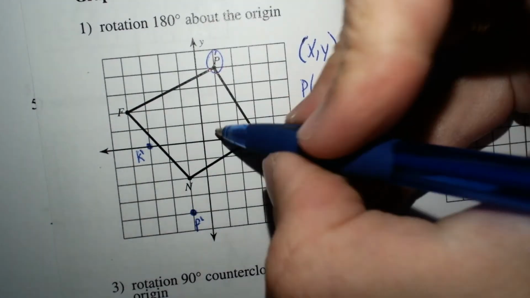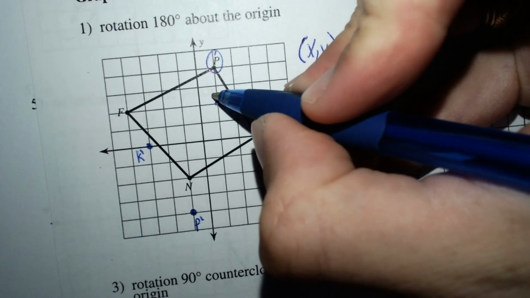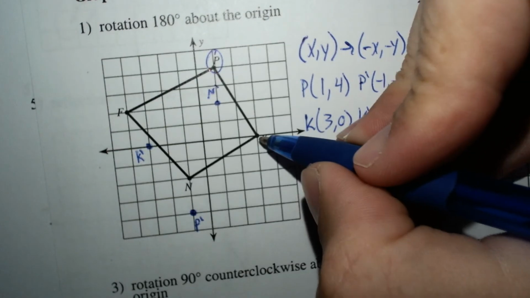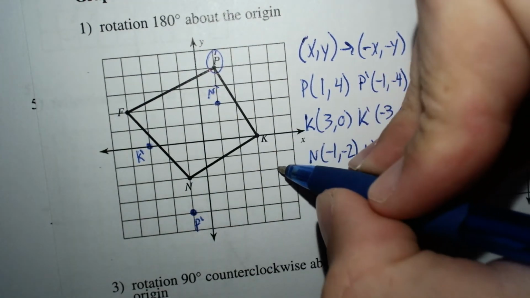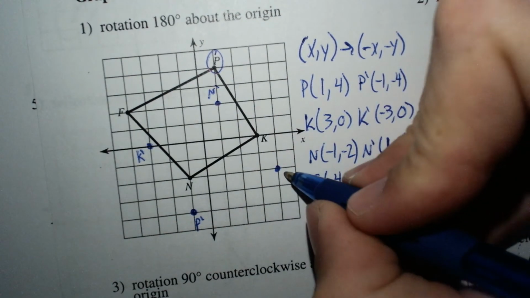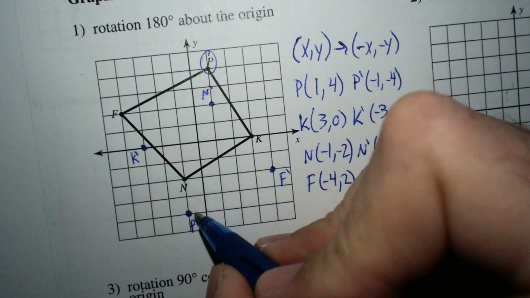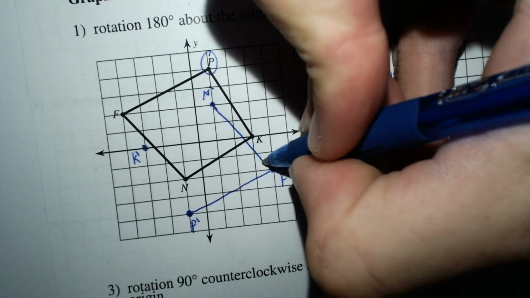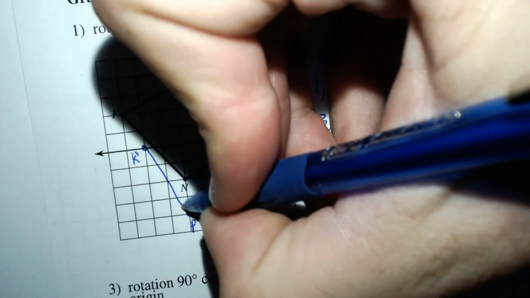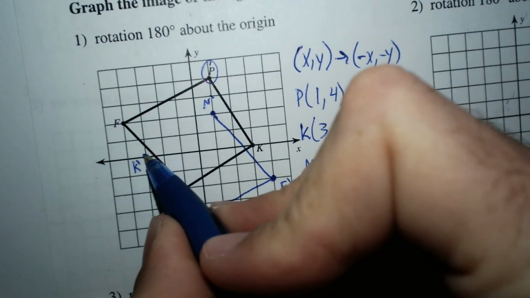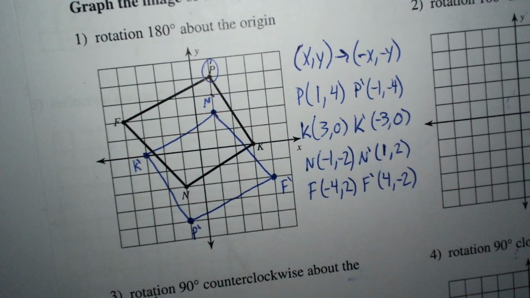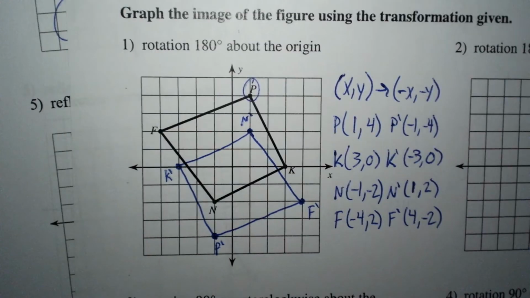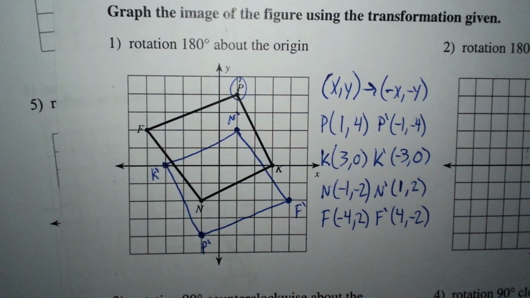N prime, 1, 2. And F prime, 4, negative 2. So we connect these. You get this little shape like this, and that is a 180 degree rotation.